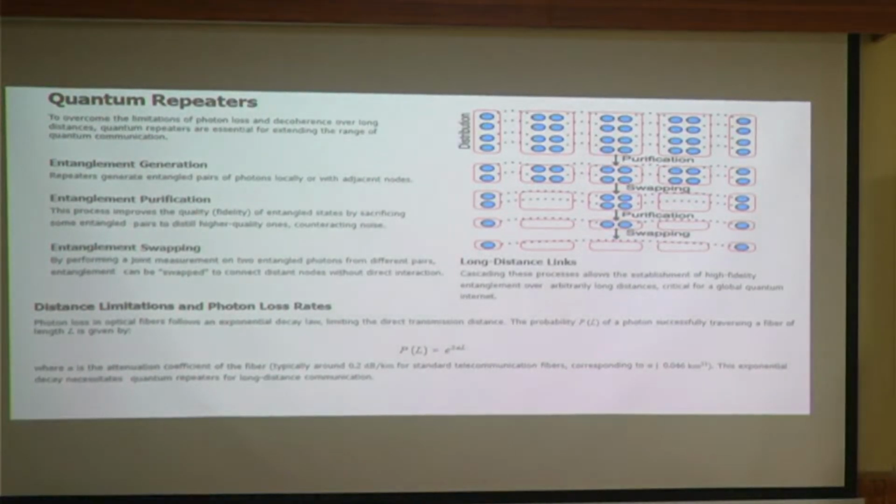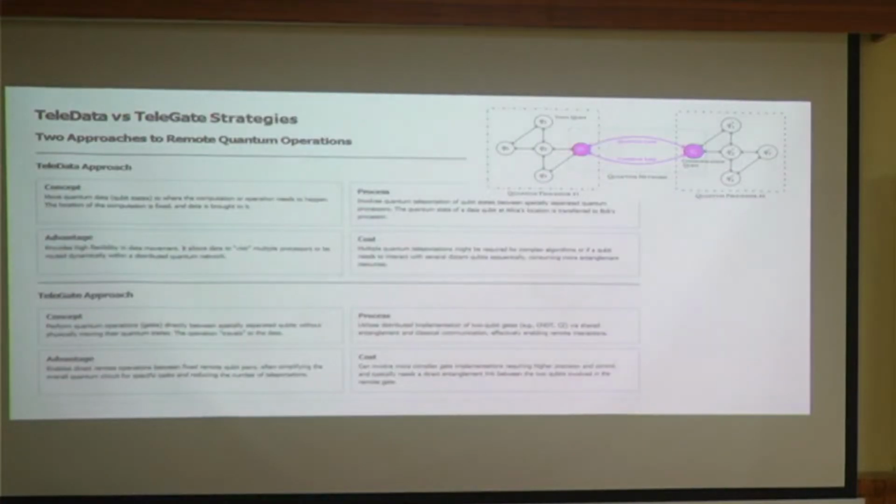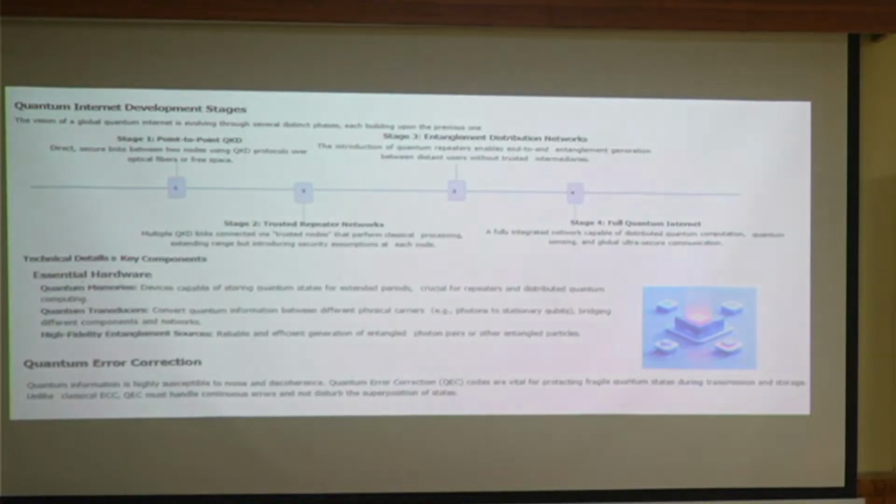But our quantum memory state of the art is what? In microseconds or in milliseconds. So what is required? We should have quantum memory with high storage time. So high coherence time or high storage time quantum memory are very essential, along with the transduction and high fidelity EPR. Okay.